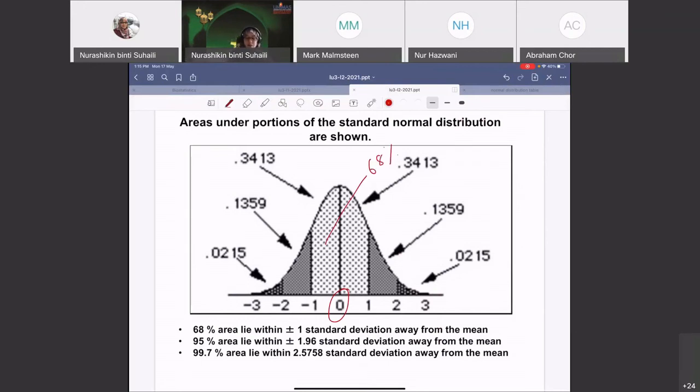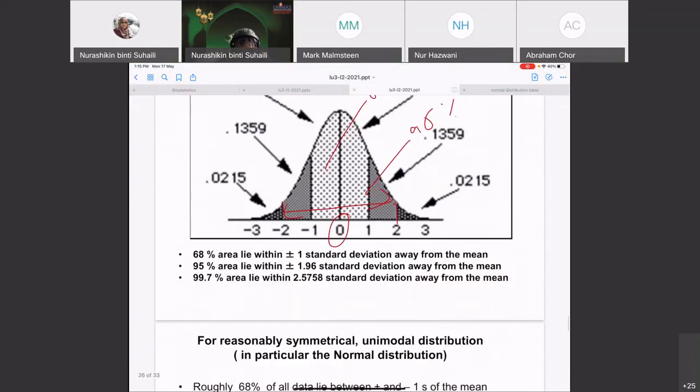When you have plus minus 2 standard deviations, the area is bigger, from here to here, so it covers about 95%. This is just for your information. Okay, what else?